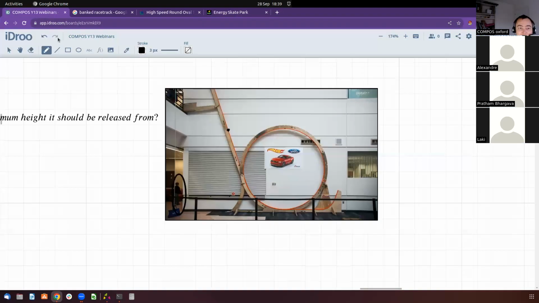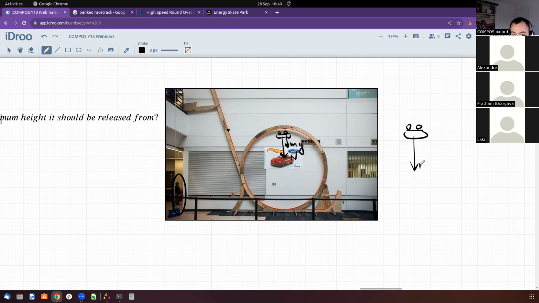So first of all, we need to work out the minimum speed at the top. We have a Hot Wheels car at the top, and there are forces acting on it: the normal reaction force, which is down, and mg. So let's draw this.